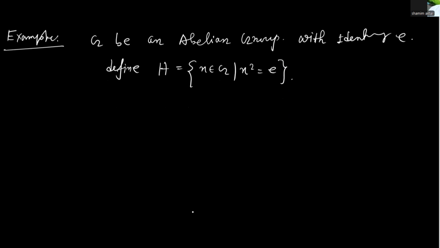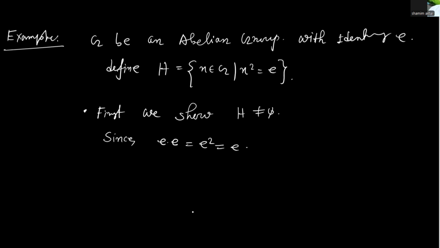First we show H is non-empty. How? Since identity equals e squared, and this equals e, the identity, this implies the identity element e belongs to H. Because H is the set of elements of G whose square equals the identity, this holds.